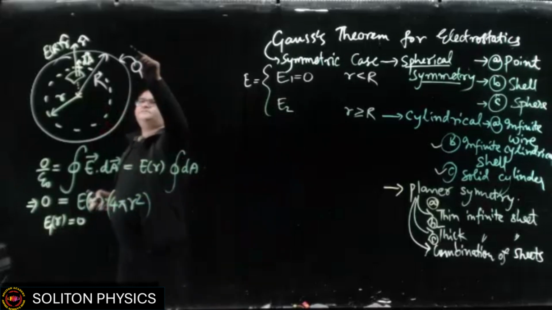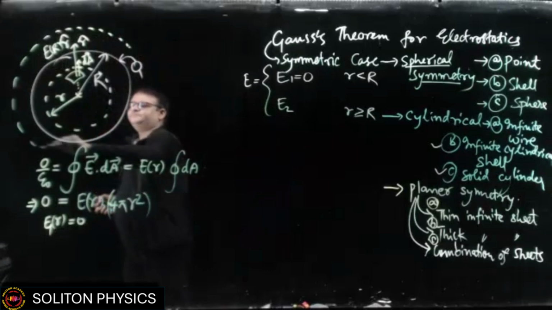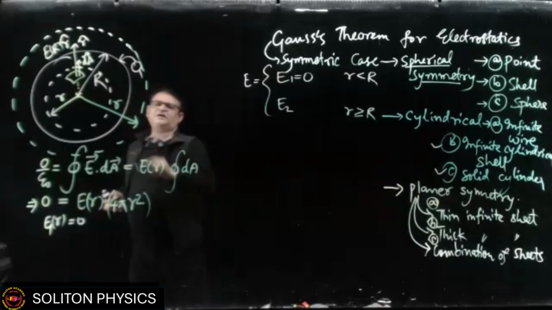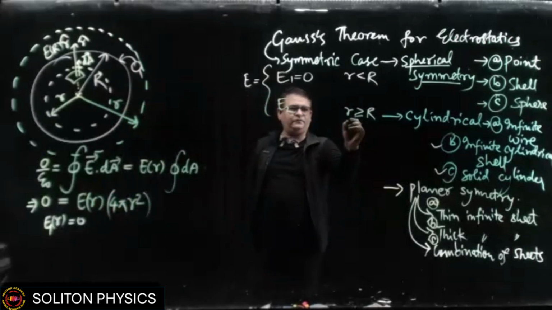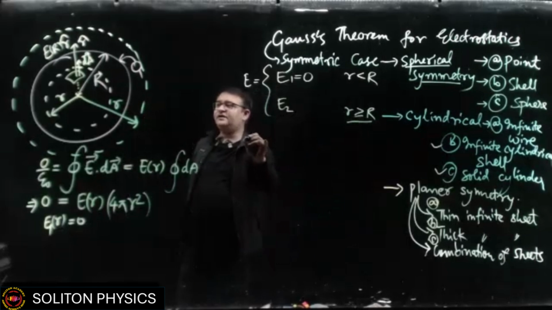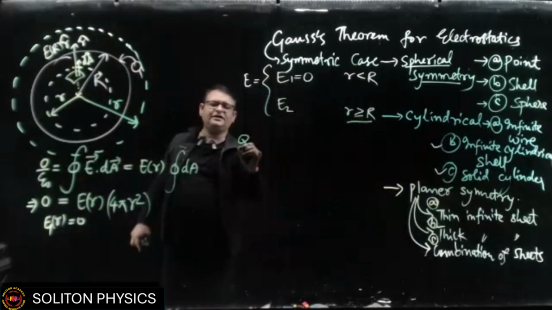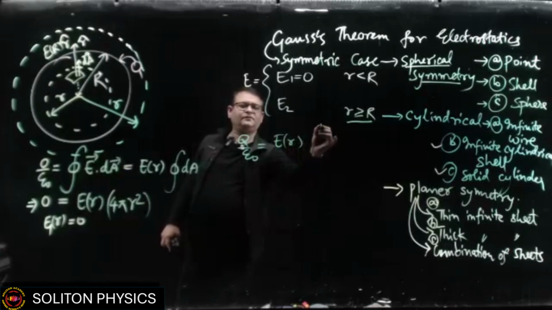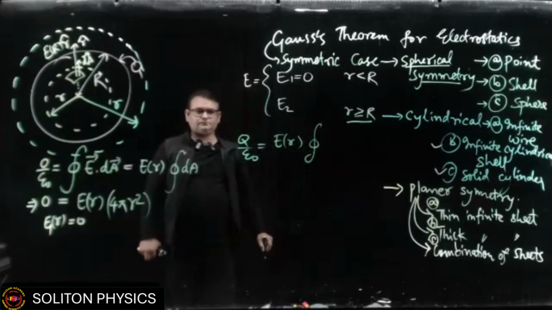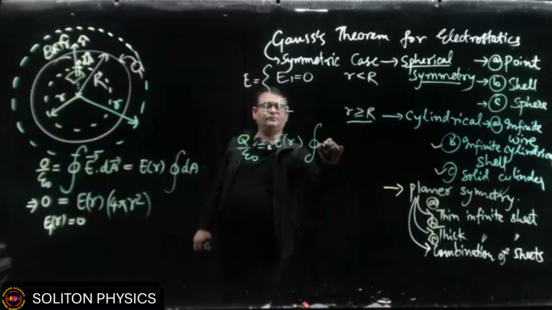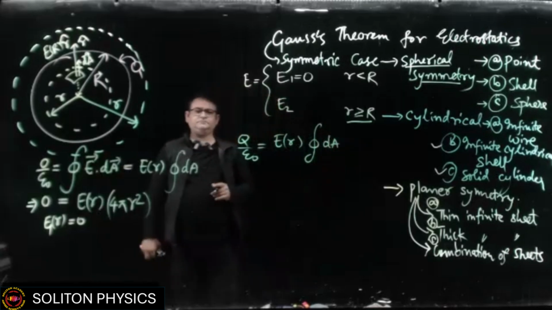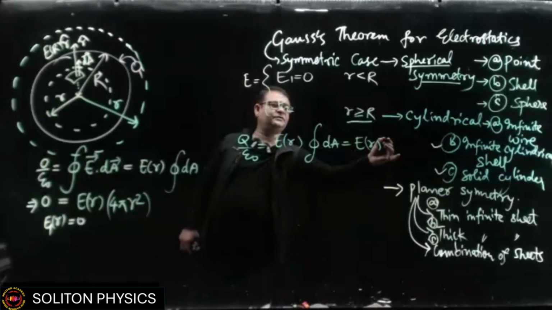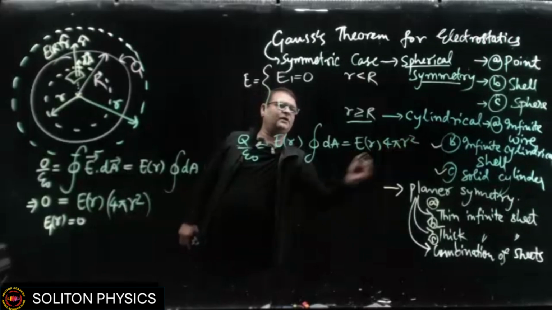Suppose I take another Gaussian surface like this, and this time I have small r like this. Now you can see in this bigger surface, Q inside is Q by epsilon naught is equal to integral E dA, right, and then you can easily write E times 4 pi r square.